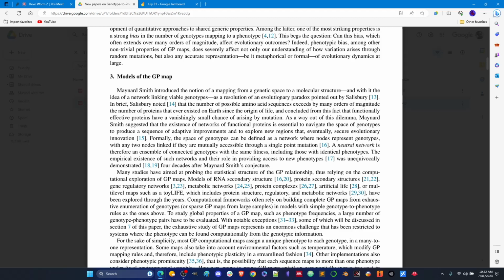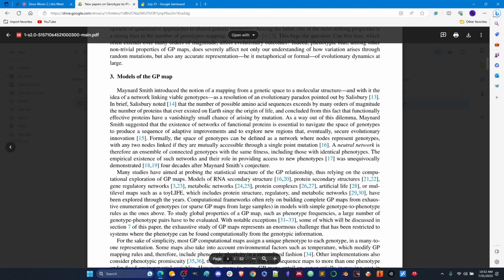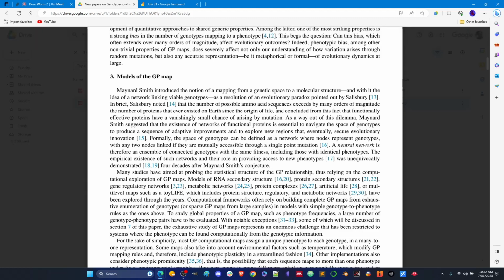This is a resolution of an evolutionary paradox pointed out by Salisbury, where the number of possible amino acid sequences exceeds by many orders of magnitude the number of proteins that has ever existed on Earth since the origin of life. So you need to have a subset of those potential amino acid sequences.